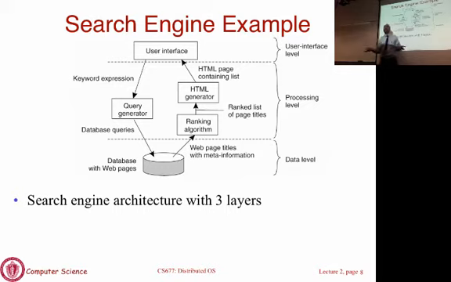You are generating HTML on the fly here. This is dynamic HTML. There is no such page that already existed when you typed the search query; it was generated on the fly for you. You take this result, generate an HTML page, and the HTML page goes back to the user interface, and that's what is sent back to the user.